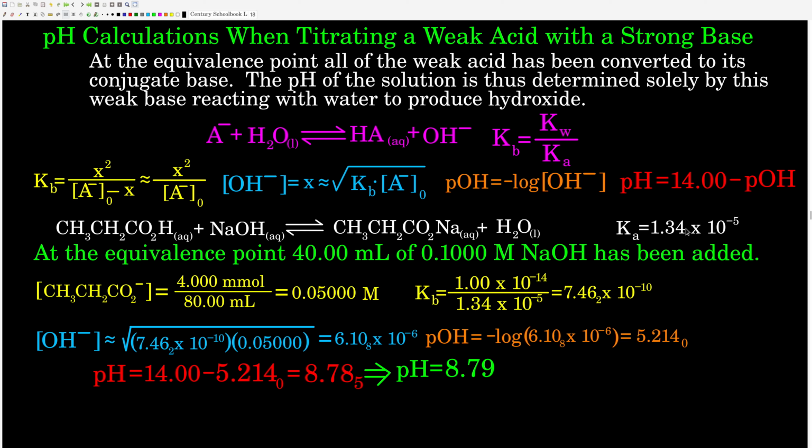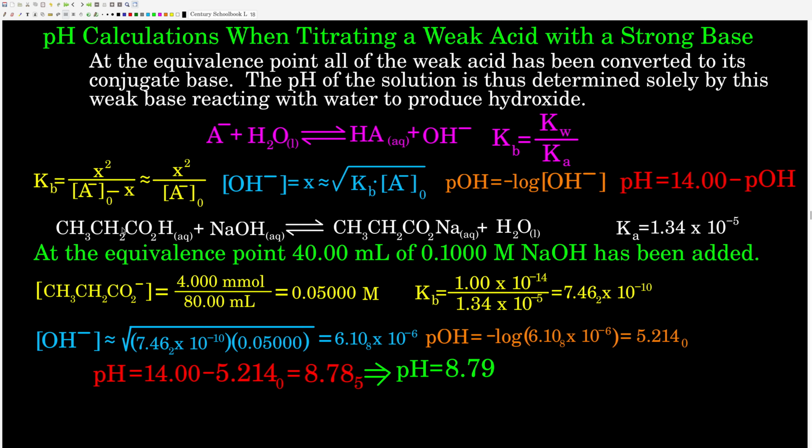So for our reaction here, with our Ka, at the equivalence point, remember we started with 40.00 milliliters of 0.1000 molar propanoic acid. Because we're adding the same molarity sodium hydroxide, that means we've added 40 mL. We have 4.000 millimoles of base added, which means we've used up all of the acid form.